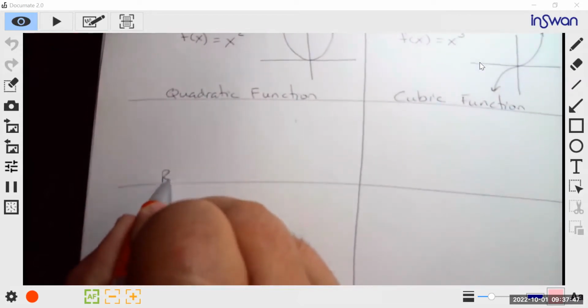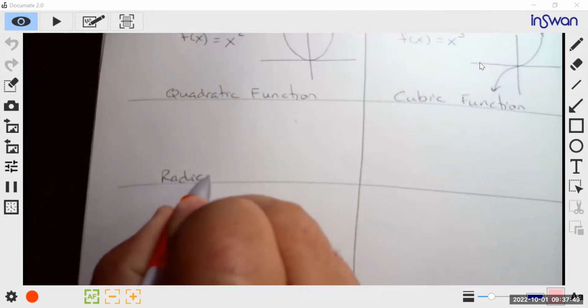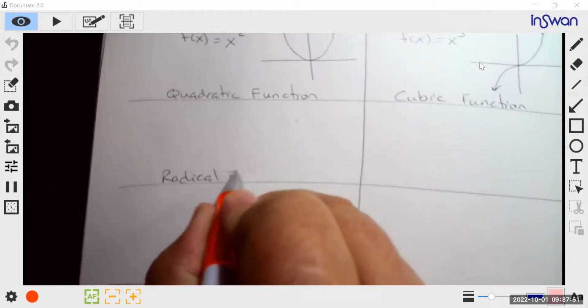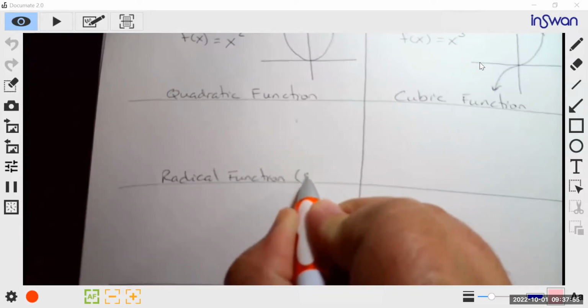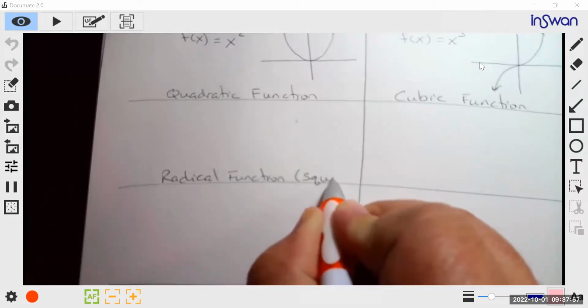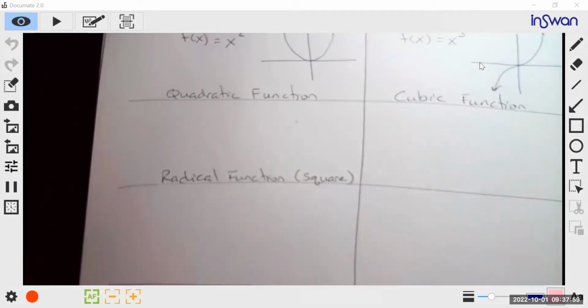Then we have a radical function. Squared.